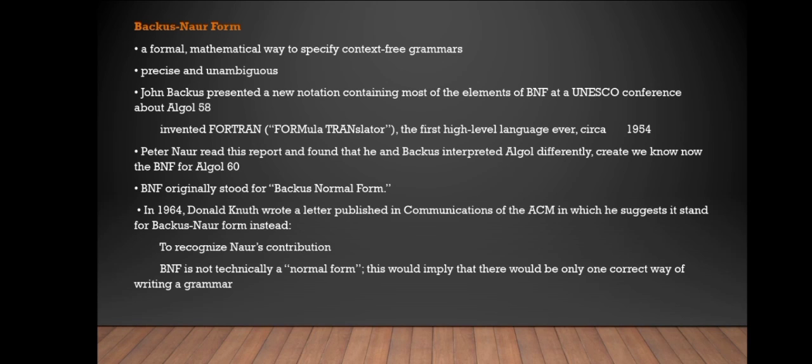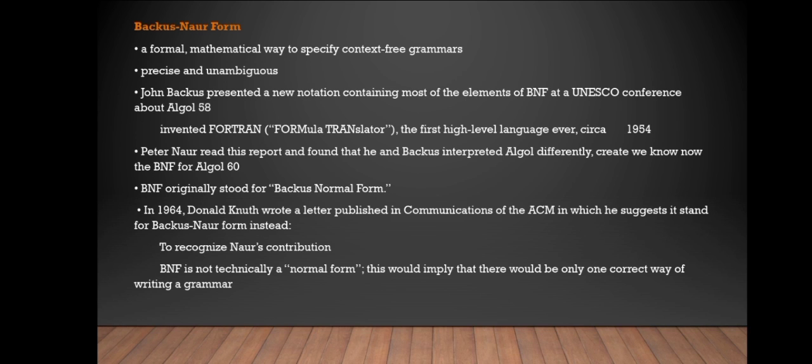Backus-Naur form is a formal mathematical way to specify context-free grammars, since natural language is imprecise and ambiguous. John Backus presented a new notation containing most of the elements of BNF at a UNESCO conference about Algol 58.